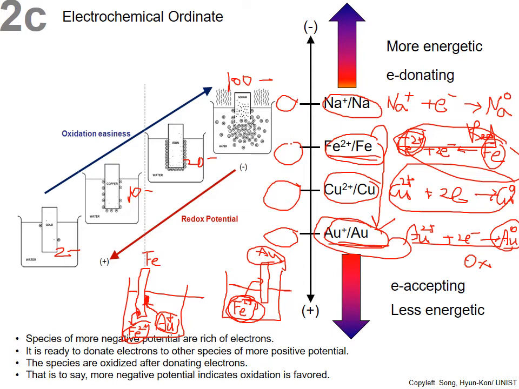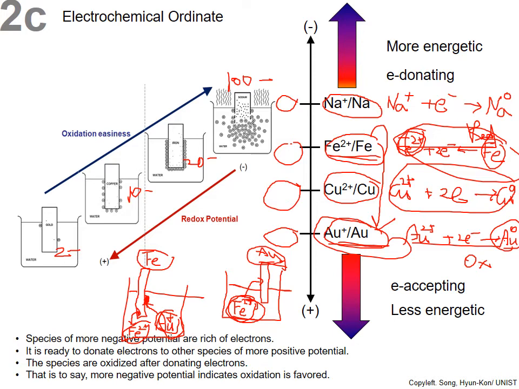Again, back, you should have only Fe and gold plus, then you could observe the electron transfer. However, if you have the other electrochemical species like gold and Fe2 plus, you cannot get any electron transfer.